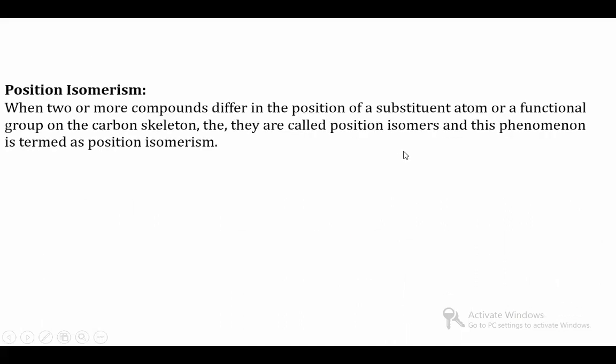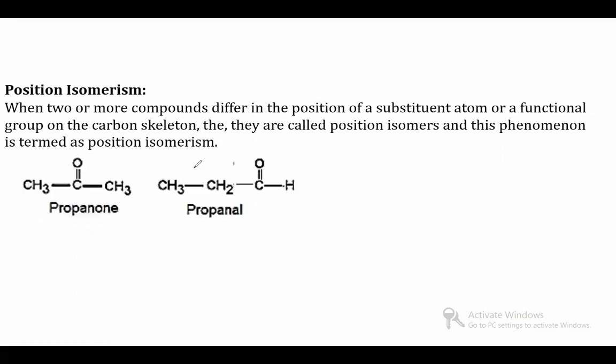Next one, position isomerism. Earlier the name indicated the chain; now it is indicating position. When two or more organic compounds differ in the position of the substituent atom, that is, the position of the functional group on the carbon skeleton, they are called position isomers.